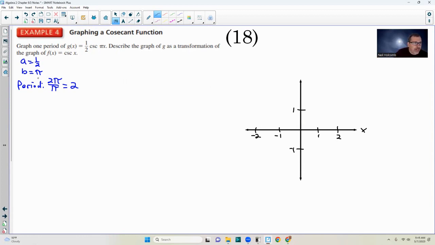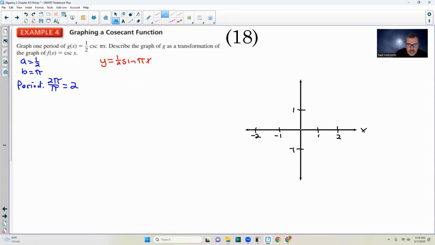Now remember, first we're going to graph the parent, and the inverse of cosecant is sine. So I want to graph y equals 1/2 sine of pi x. The period is 2 pi over pi, which is 2.